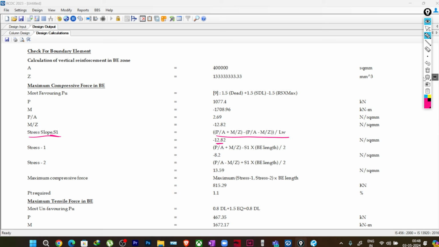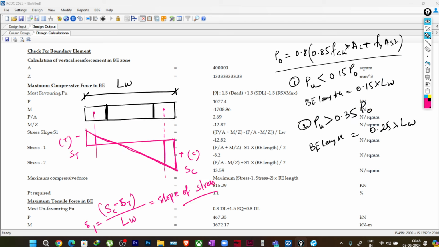Okay, so now after finding out the slope of stress, what can we do? So now we know the rate of change of stress along the length per unit length, right? So now I want to find out the force here.